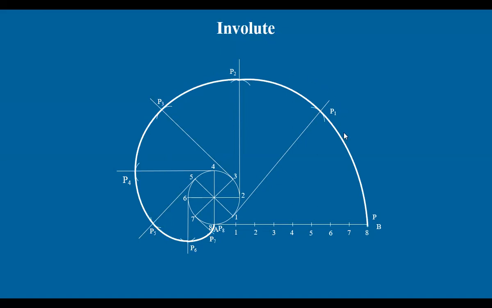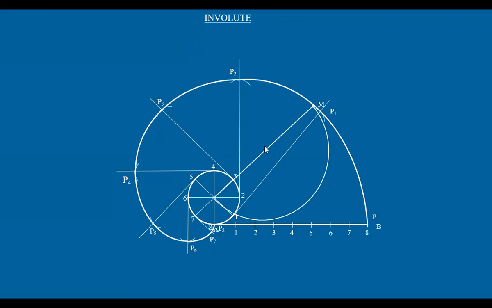Once you get the involute, I want to draw the tangent at some point on the curve. So I have taken some point M. Now join this M with the center of the circle, and we get a line. This line is the diameter. Take the midpoint of this and draw a semicircle on it.